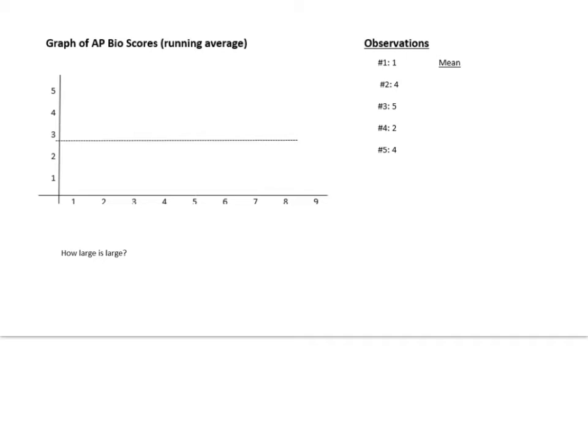We're going to generate some means, plot some points, and look at what's happening as the long-term trend works itself out for the random variable X. On the x-axis, 1 through 9 are the sample sizes, samples of size 1 through samples of size 9. On the y-axis are the scores, and we're going to look at what happens as the sample size increases.